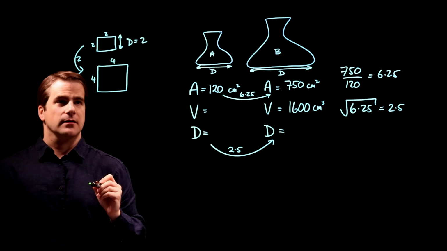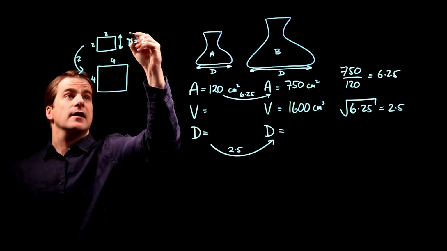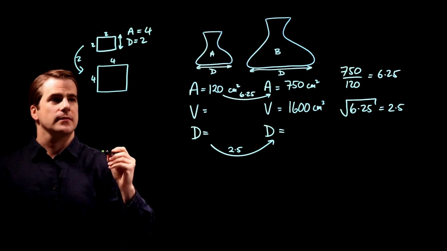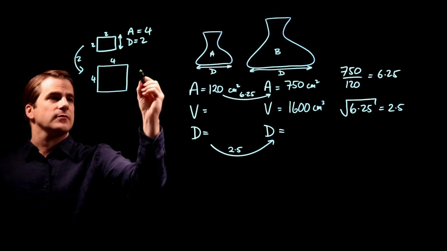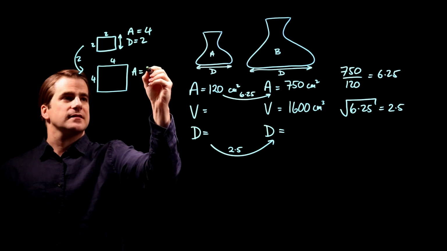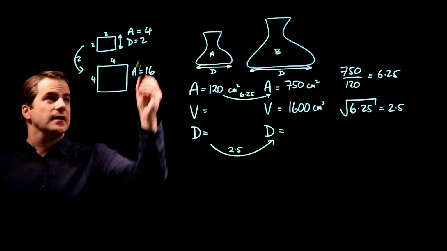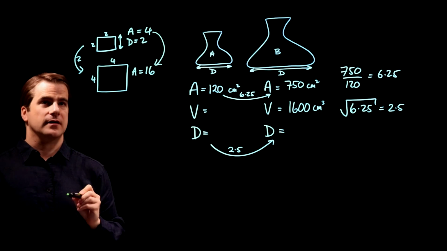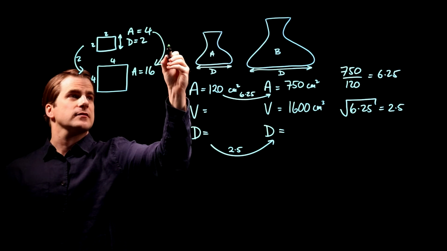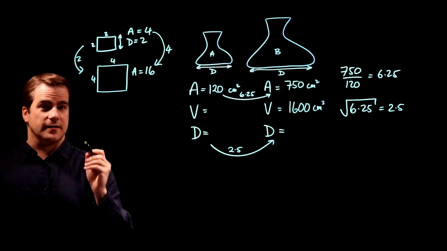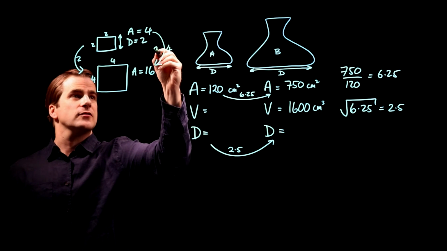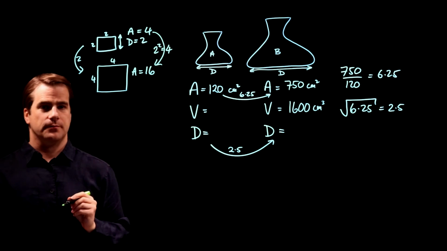But look at the area. The area of this one is 2 times 2, which is 4. The area of this one is 4 times 4, which is 16. You see, the area has not gone up by the same linear scaling factor. It's gone up 4 times, which, as I promised you, was the linear scaling factor squared. 2 squared is indeed 4.